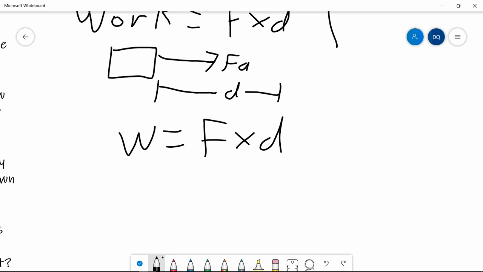And you've learned that that gives it a certain amount of kinetic energy. So the kinetic energy that you've given the block is going to be equal to F times D.